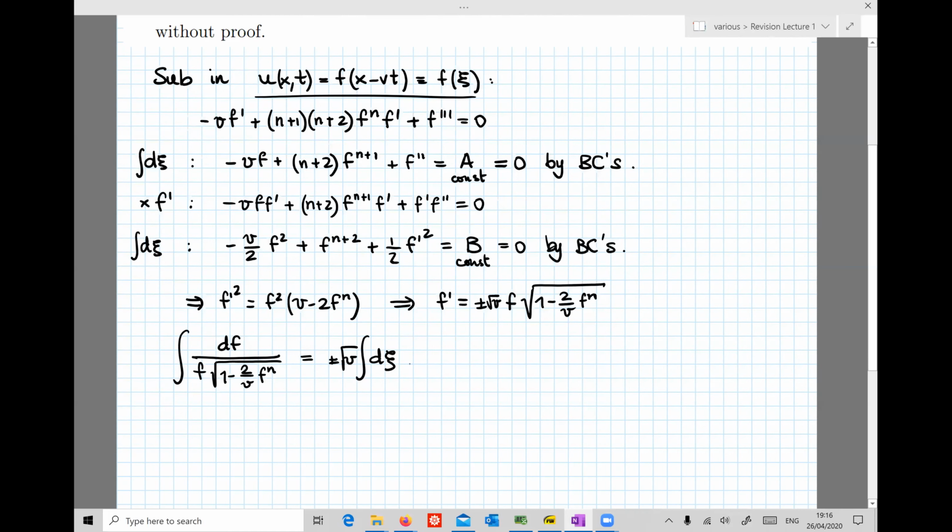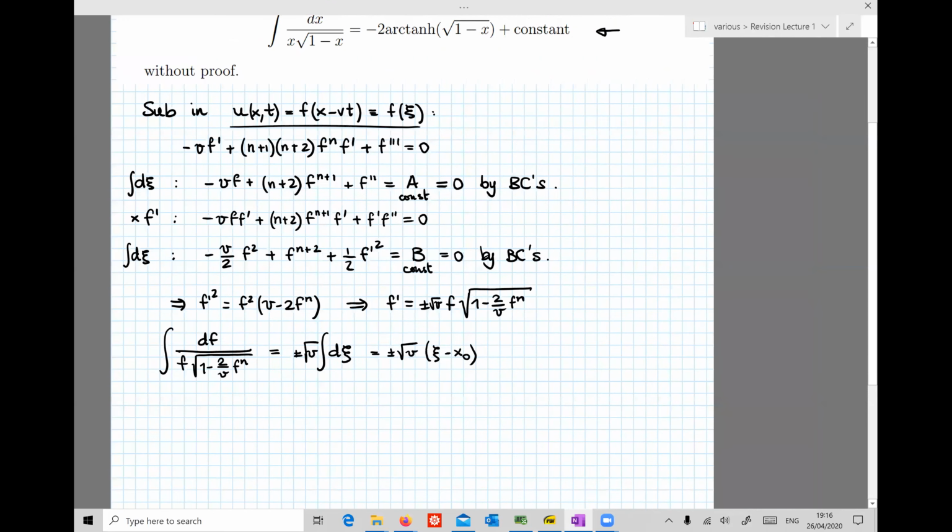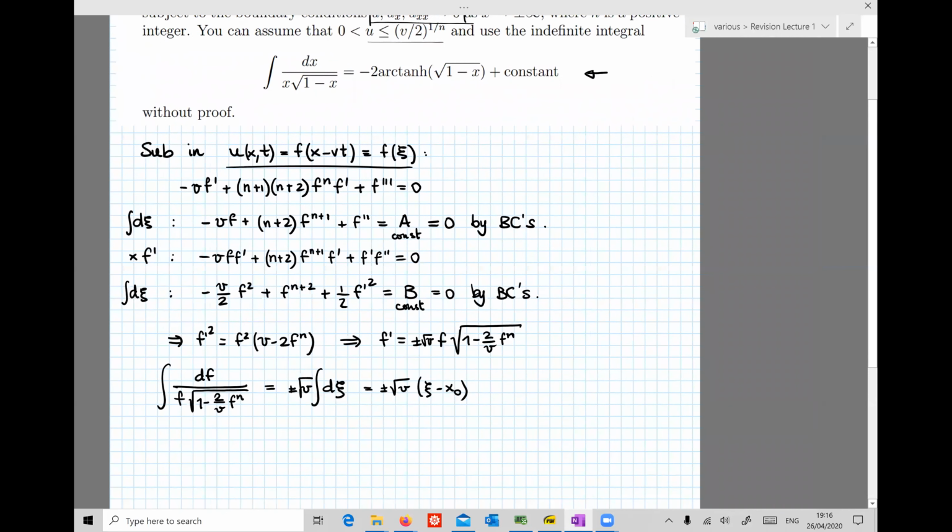So on the right-hand side, we just get plus or minus root v times xi minus an integration constant, let me call it x0. And on the left-hand side, we get this integral of f. So now this integral is similar to the integral here that we're given, but it's not quite written in the same form.